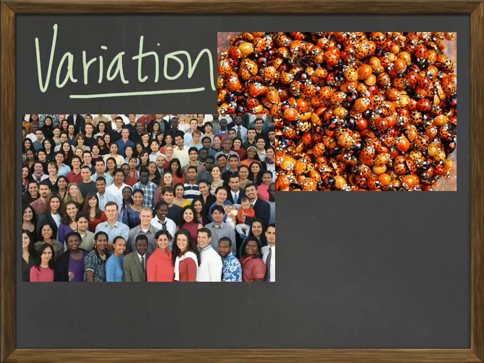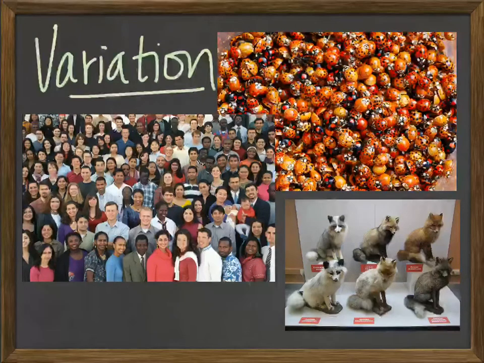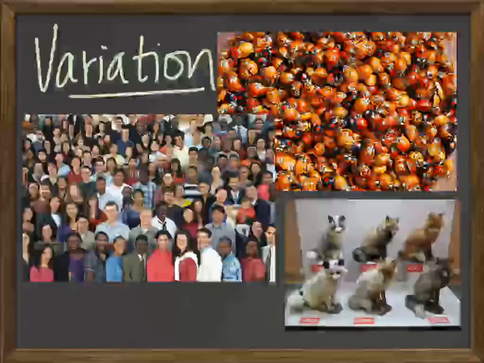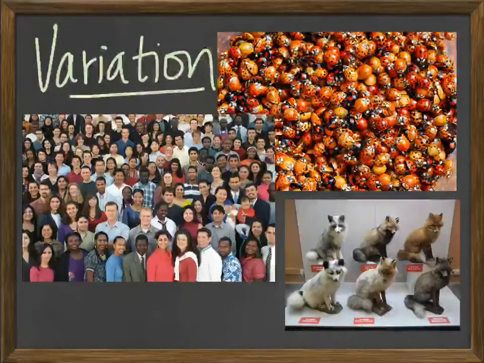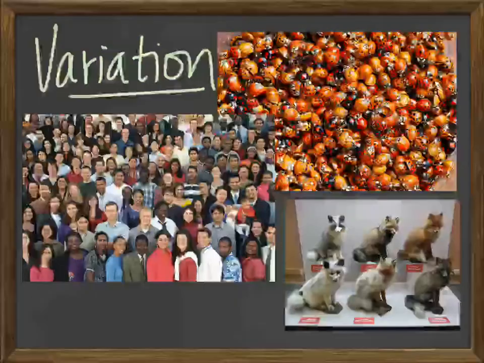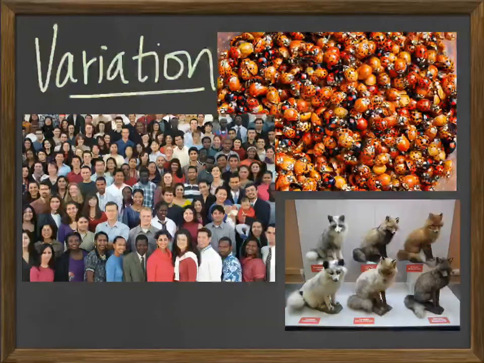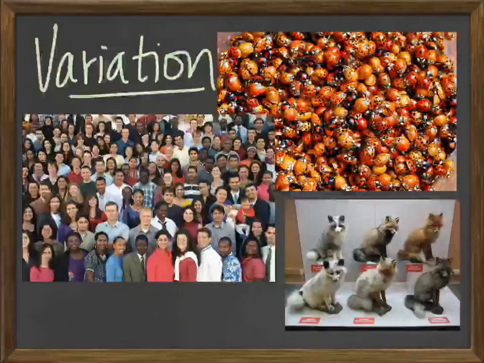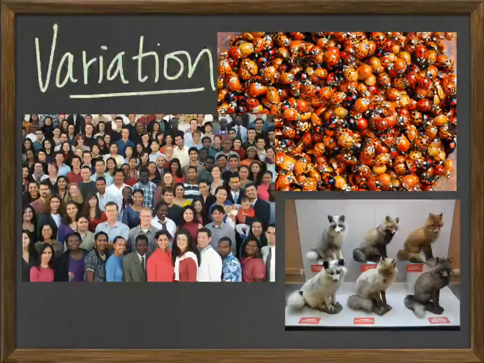Those are all differences, variations, that we can't see with the naked eye. In animal species, we often see fur color, again, as a piece of the variation that we see with the naked eye. But, just like in our last example, there may be differences that exist in the individuals of this population that we can't see with the naked eye.